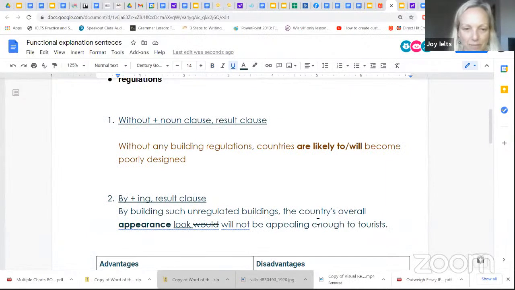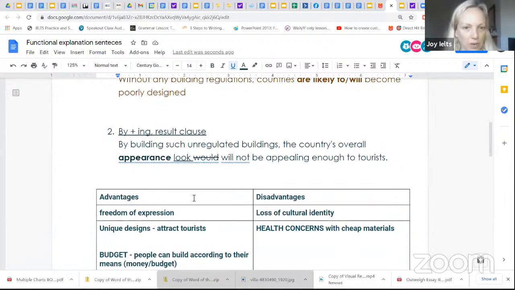Okay, so let's have a look up here. So number one was without any building regulations, countries are likely to become poorly designed. We could use another one. We could use a positive one. We could say without any building regulations, people will have more freedom of expression. So that could be another result. And then we've got by this one.